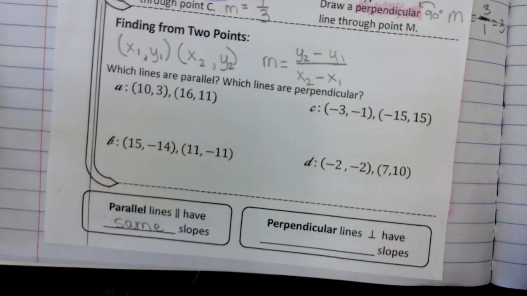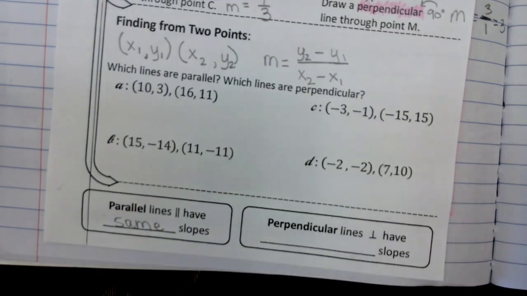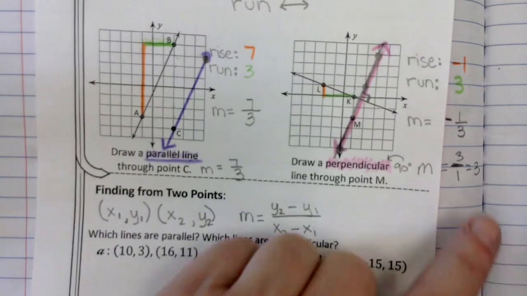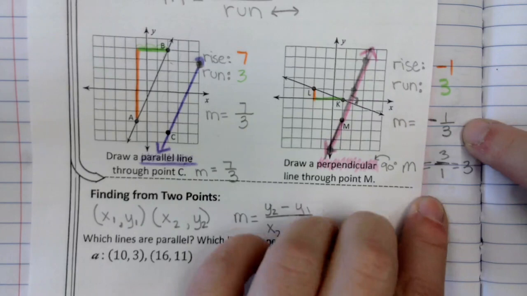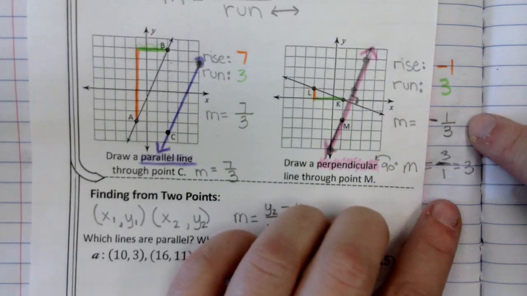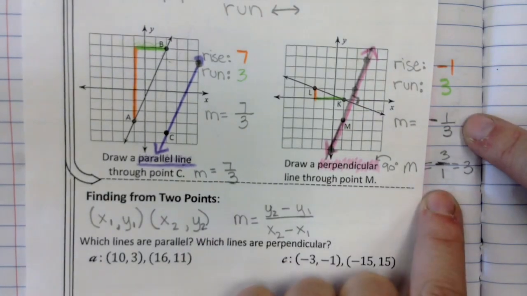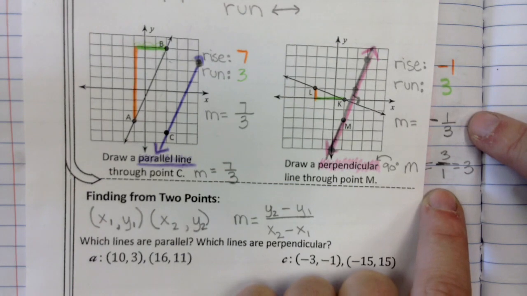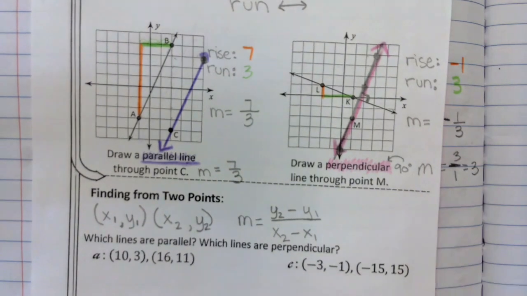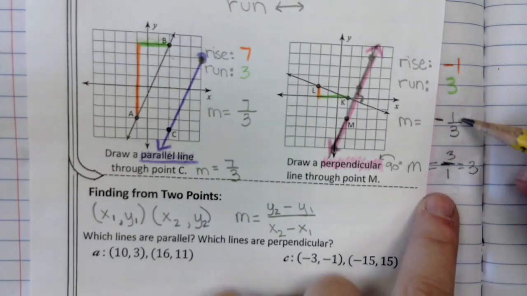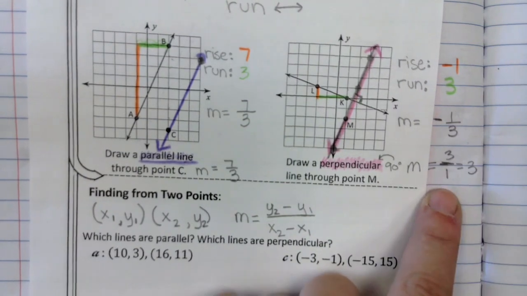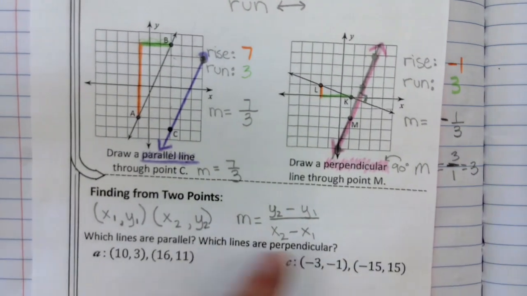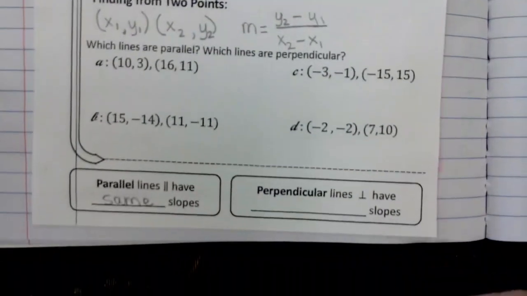What about perpendicular? When we did perpendicular, opposite, so it went from negative to a positive, what else happened? Yeah, they flipped. Like this, when 1/3 flipped to 3/1. Does anyone remember what do we call that when we flip a fraction? There you go, reciprocal. So perpendicular lines, you have to write this kind of small because I didn't give you enough space here.